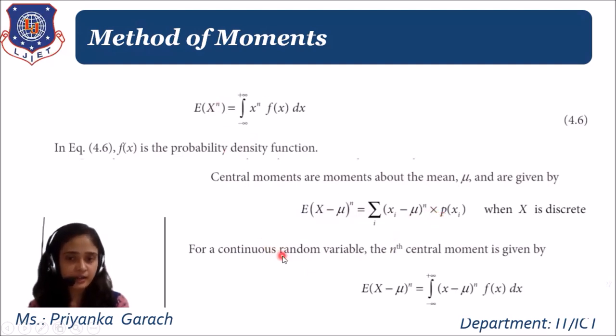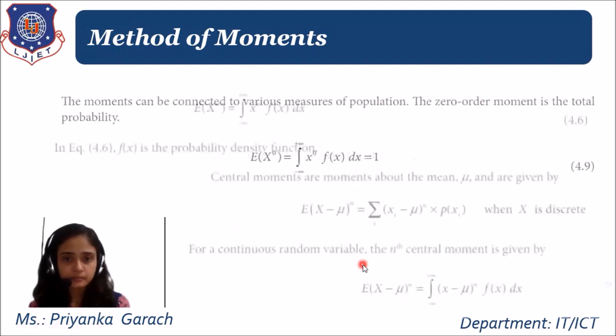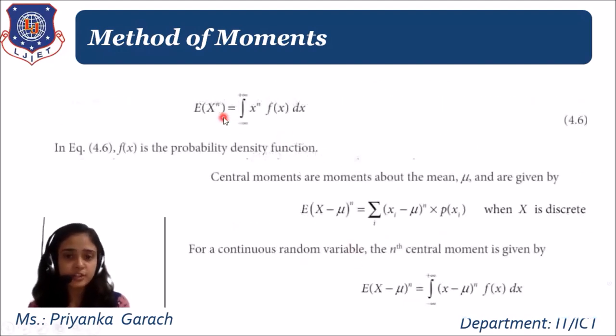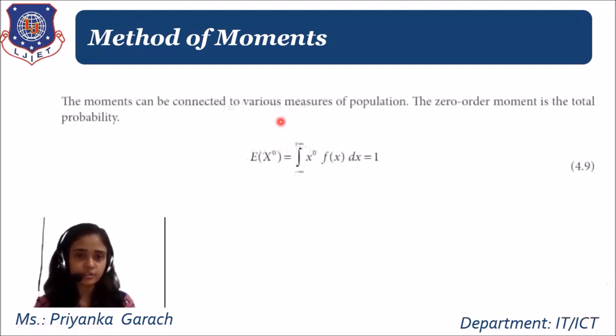Over here the value of x is discrete, whereas for a continuous random variable you can write it like this: E of x minus mu raised to n equals the integral of x minus mu raised to n into f of x. So just put x minus mu instead of x to get the central moment at the nth position.